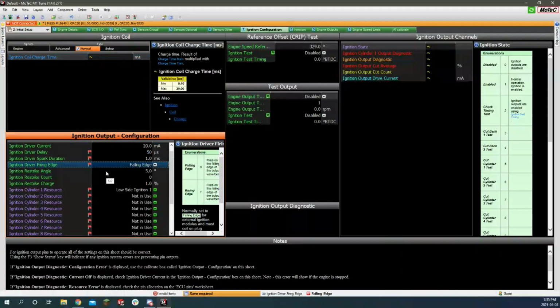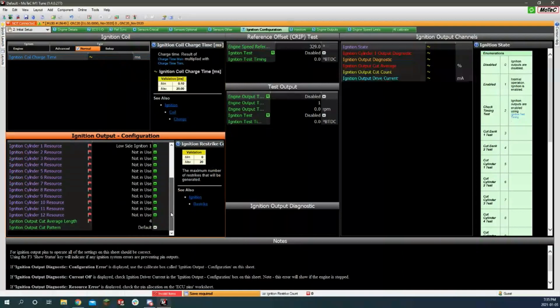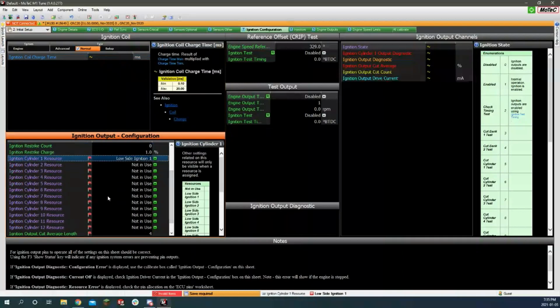There's science behind this, and there's stuff that you have to sort of know about your coil, the coil pack you use. That just comes as data from the manufacturer, and again, we tell it it's on ignition 1 pin, and that leaves all these other pins open. So we could use them for something else if we wanted to, having just a single cylinder engine.